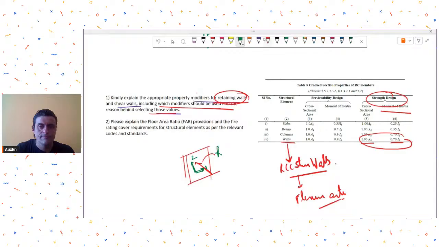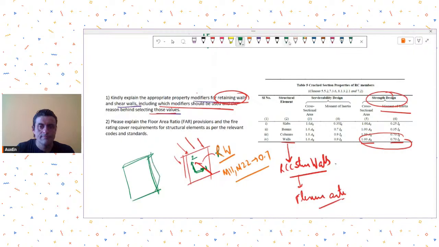So if it's a retaining wall that you are using, then you assign M11 and M22 modifiers as 0.7, because in retaining walls you will have out of plane moments because the load is perpendicular to the plane. So you give that. Now, if this is a RCC shear wall, then what do you do?